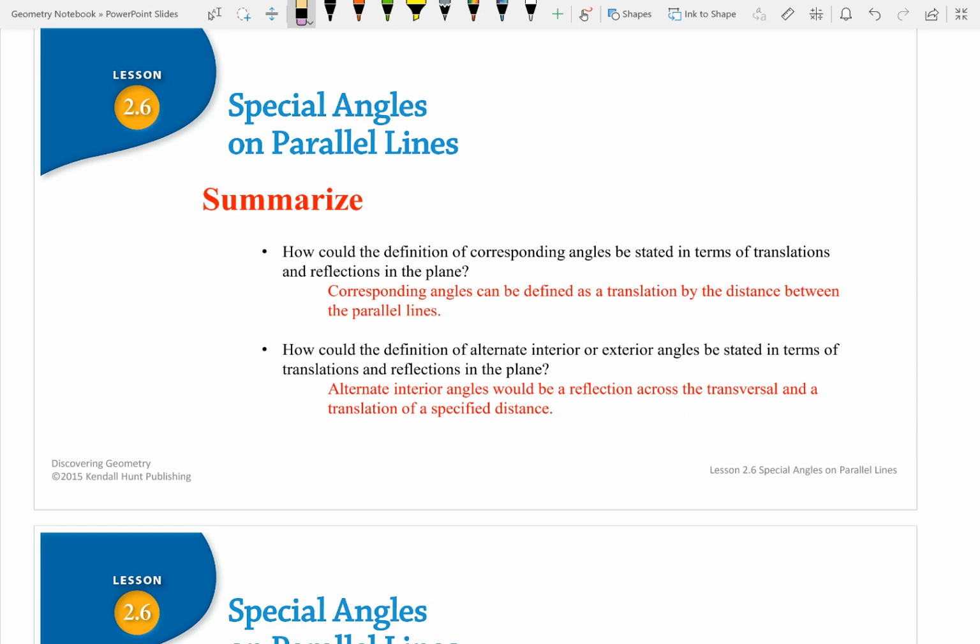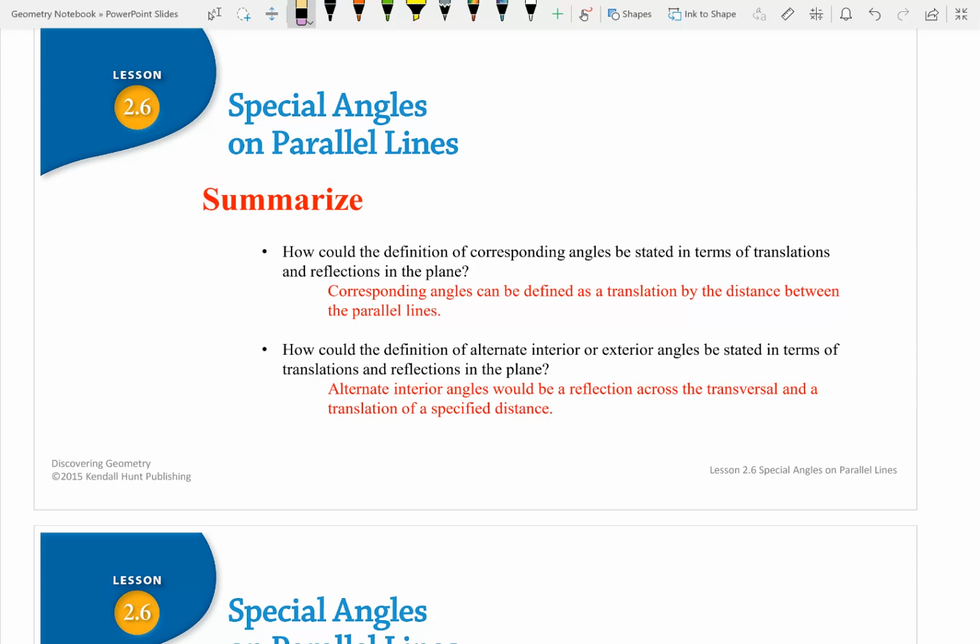Alternate interior angles would be a reflection across the transversal and a translation at a specified distance. Okay, so it's a reflection across the transversal.